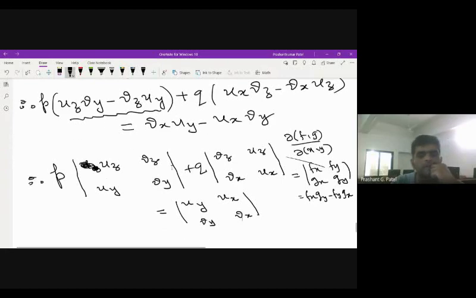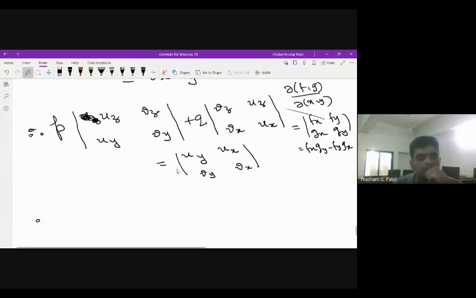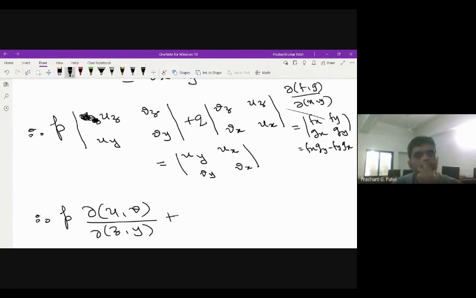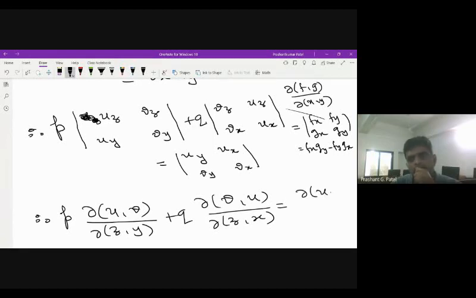So as per this, if I simplify, then this is p into del u del v upon del x plus q into del v del u upon del y equal to del (u,v) upon del (y,x).